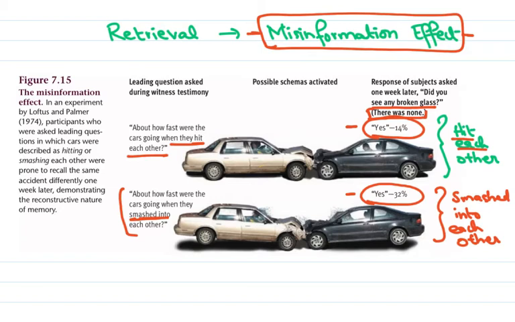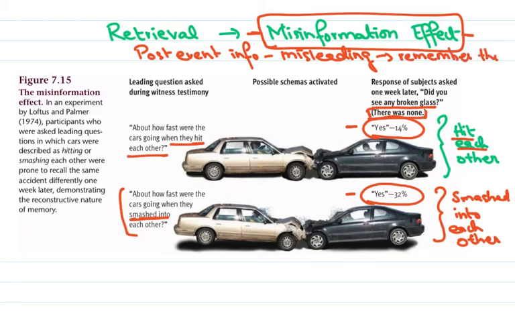Basically, you have certain post-event information which is misleading, and what that does is that it leads you to remember the event differently. So this is what the misinformation effect is, and this experiment here is an illustration of this effect.